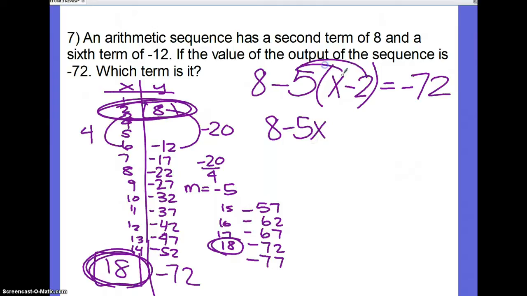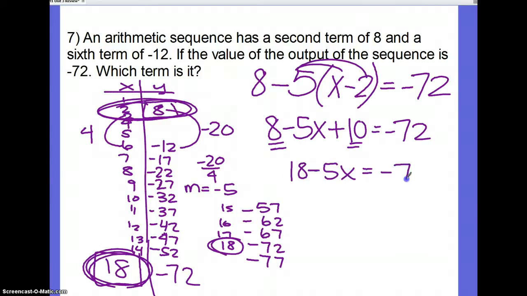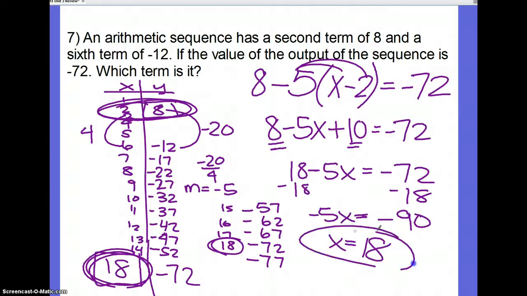A negative times a negative 2 would be positive 10. And if we combine 8 and 10, we get 18 minus 5x is negative 72. If I take 18 away, I have negative 90, and then divide out negative 5, and sure enough you get 18, just like we had the other way to do it.